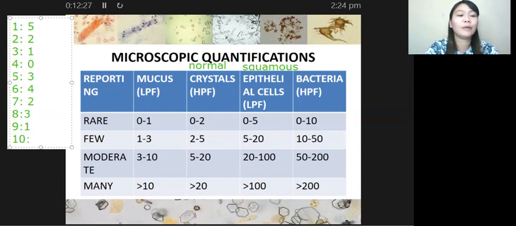Say this is our reading. So 5, 2, 7, then 8, 9, 10, 11, right?